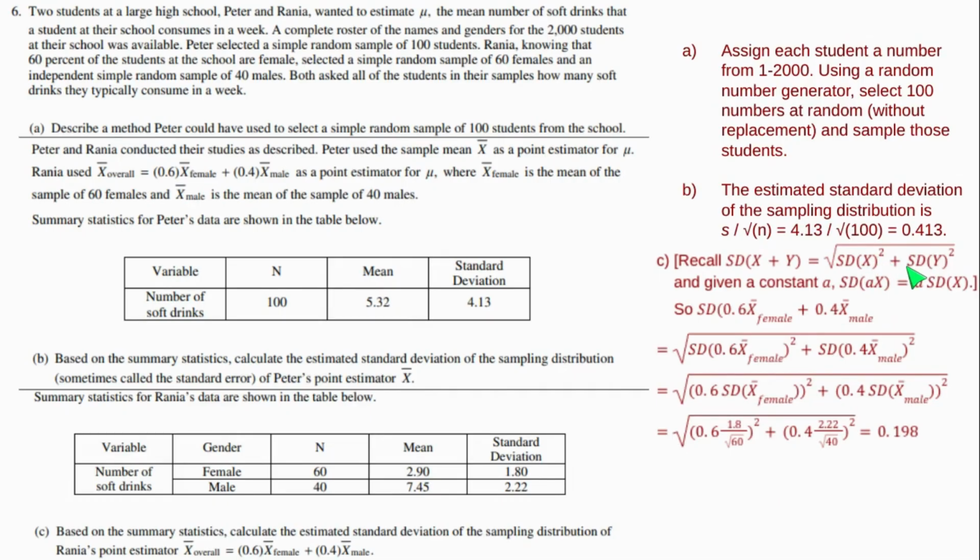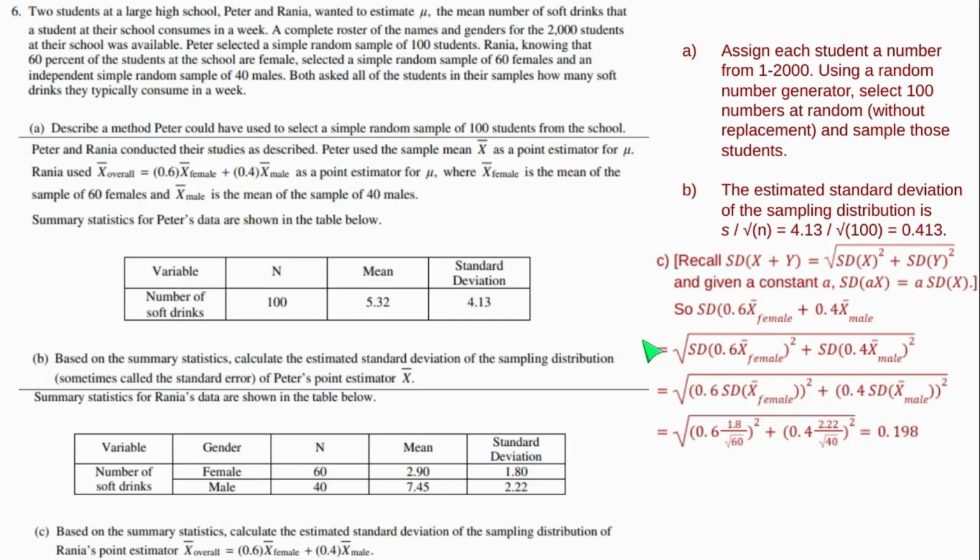If you were to make that into standard deviations, it would look like this. If you're one of my students, you've seen this formula many times. Also, given a constant a, the standard deviation of a times x equals a times the standard deviation of x, assuming a is positive.